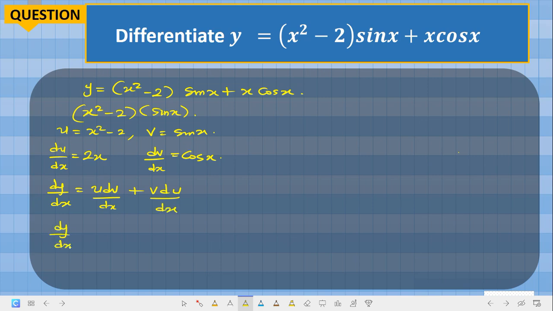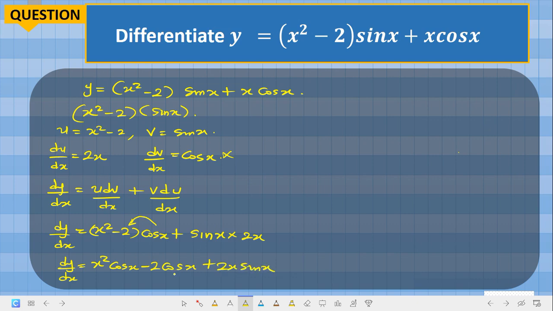Substituting in, dy/ds is equal to your u, s² − 2, times your dv/ds, which is cos s, plus your v, sin s, times du/ds, which is 2s. Opening through, dy/ds becomes s² cos s, because cos s times s² gives s² cos s; cos s times −2 gives −2 cos s; plus 2s times sin s gives 2s sin s. So this is for the first part.